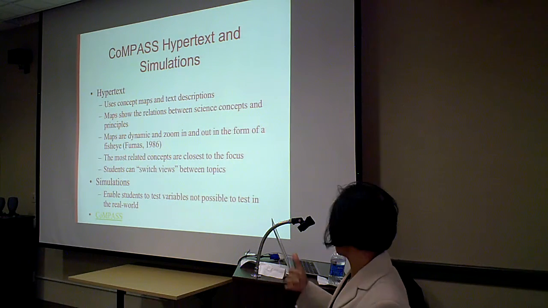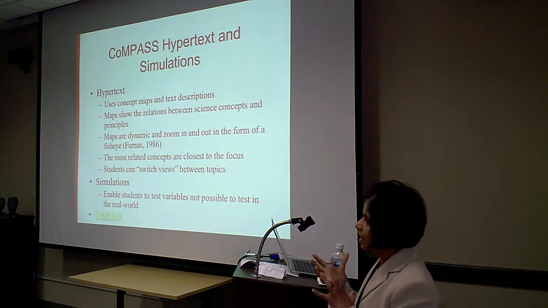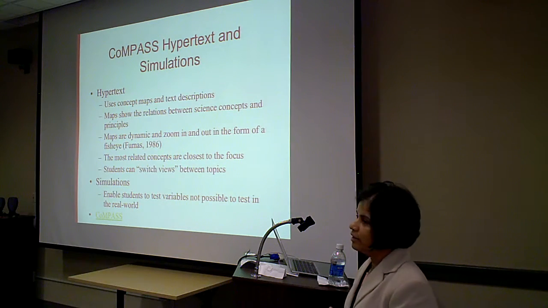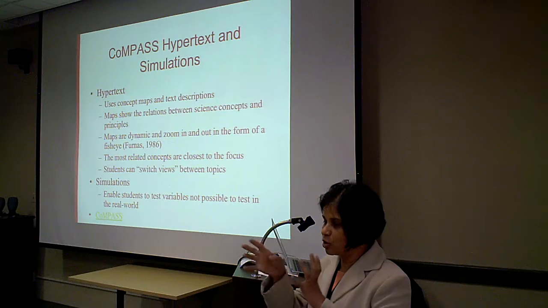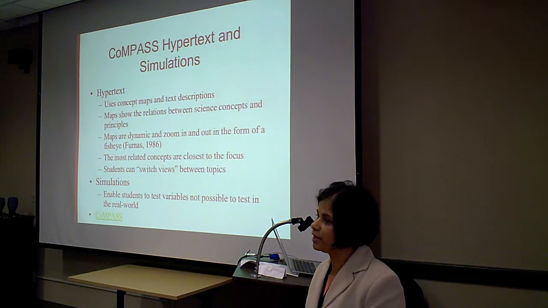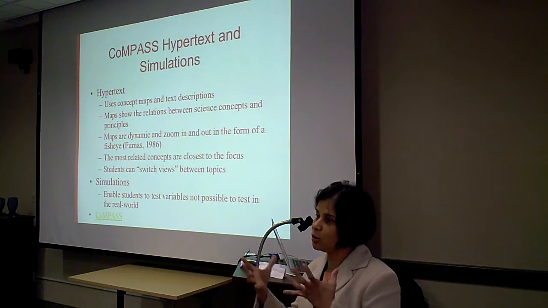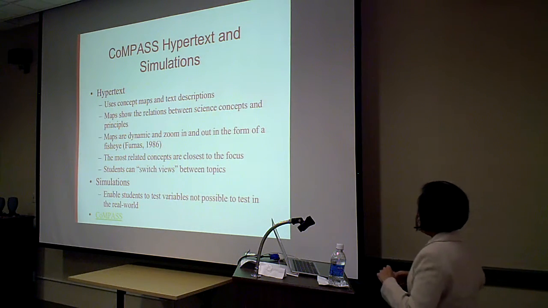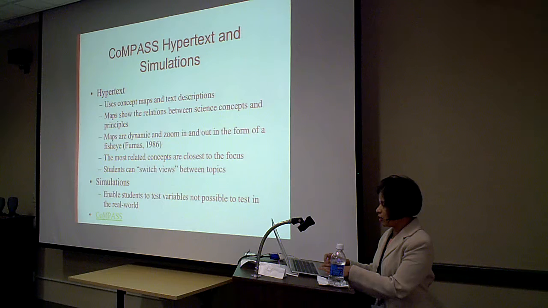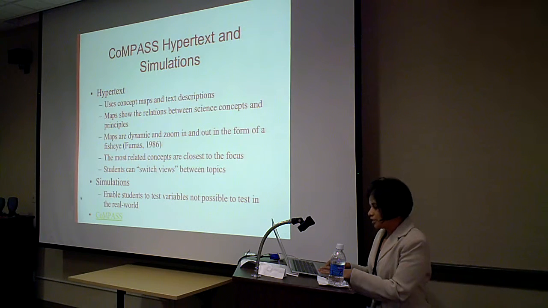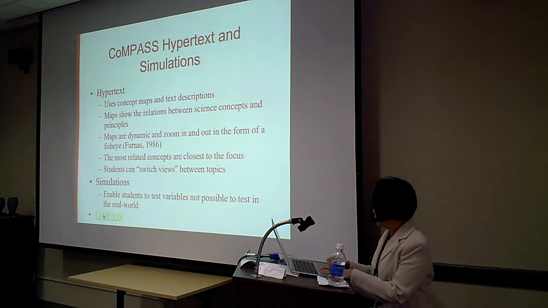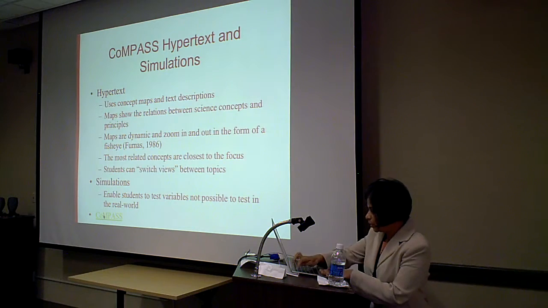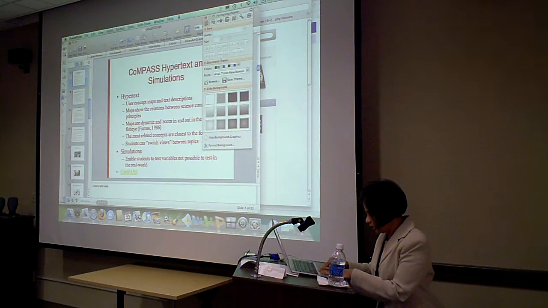As I'll show you in a minute, the maps are dynamic and they zoom in and out, in the form of a fisheye that shows students what concepts are most closely related to the ones they are learning about. Students can also switch views between topics. And the simulations, again, allow students to test a few variables. Let me quickly show you what the system looks like.